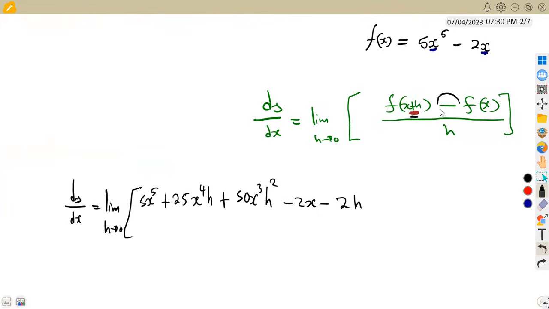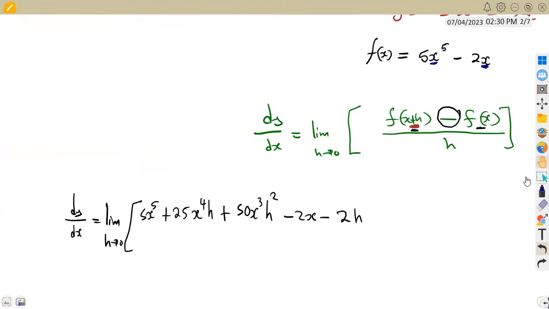And we are going to subtract f of x. Take note, this is our f of x here. Please be careful on this part. This part is representing our f of x. So meaning to say the minus is going to affect every term. So it's minus times 5x to the exponent of 5, which is minus 5x to the exponent of 5.